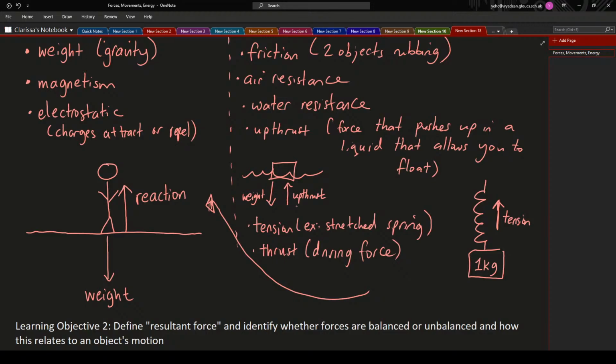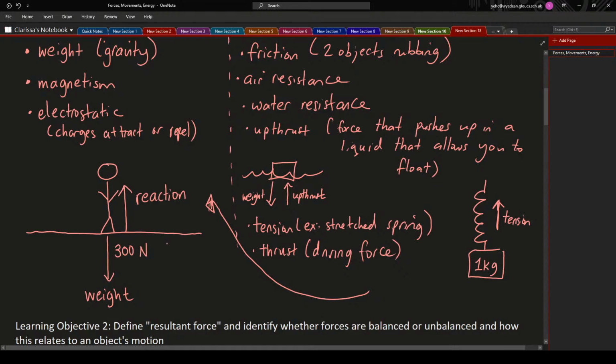Now, another way you can think of this reaction force is that it will increase the more force you put in the opposite direction. So, for example, a lighter person, someone who only weighs, let's say, 300 newtons, that's 30 kilograms, their reaction force will balance out at 300 newtons.